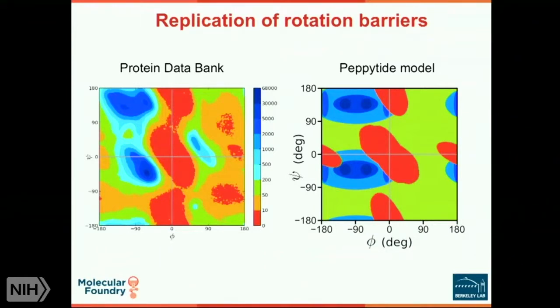These red areas are the physical occlusions where the actual plastic bumps into each other, which is true of the atoms as well. So now we have a pretty accurate representation of the backbone and its dynamics.